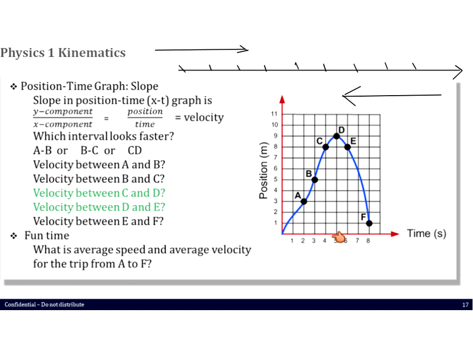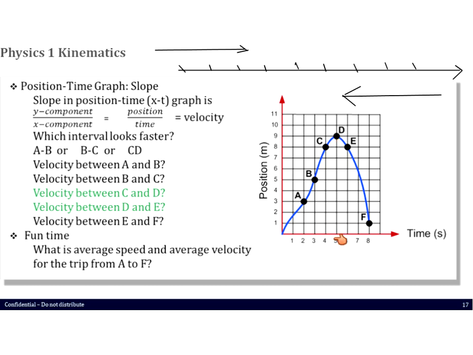Yes, BC is the fastest, because here you can see 3 meters in 1 second. CD is actually the slowest. It is 1 meter in 1 second.